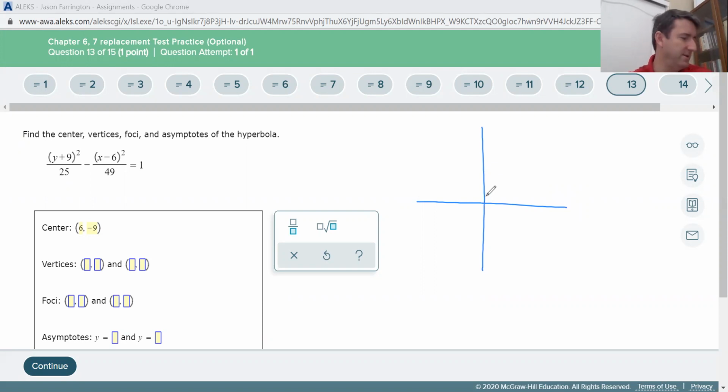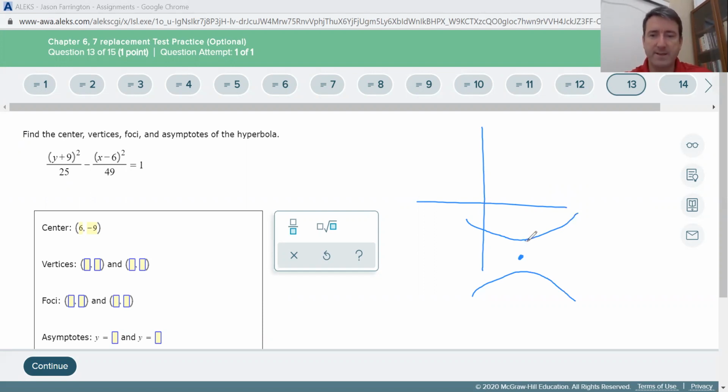Our y is first, so let's go out to 6, -9, and we're going to be up here and down like this, since the y is first. We're subtracting the x from the y.